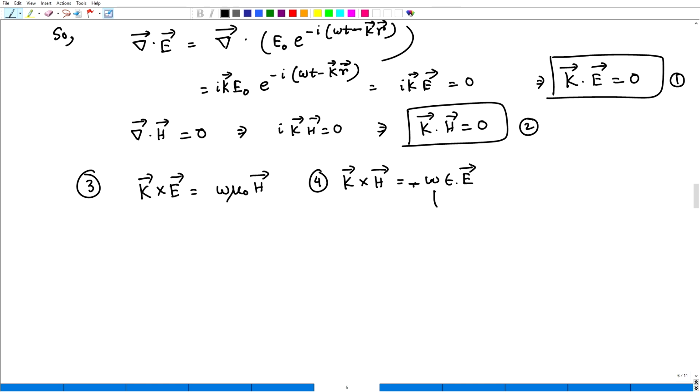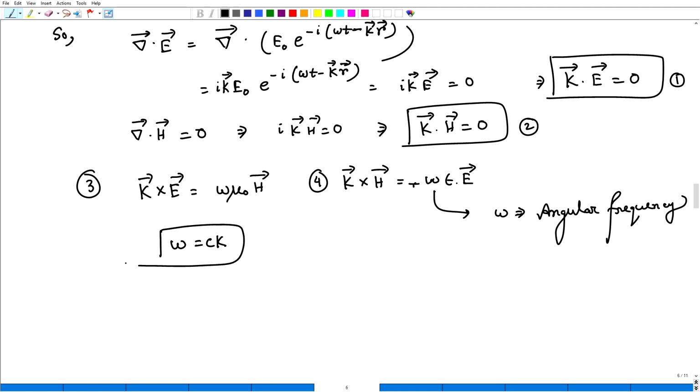What is omega? Omega is our angular frequency. How is it related? Omega equals c times k. Again we can write that if omega is c times k, then k is actually 2 pi by lambda.